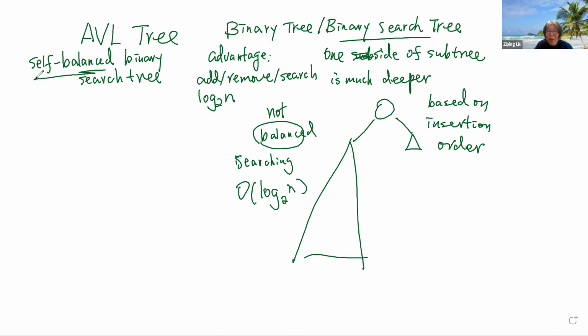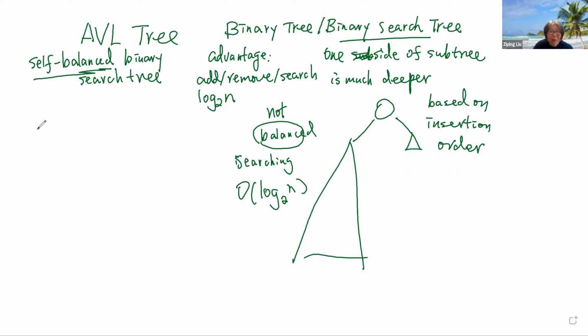So the concept comes from, what does balance mean? How do we meet the requirement of balance? Anyway, just keep that in mind: AVL tree is a self-balanced binary search tree.